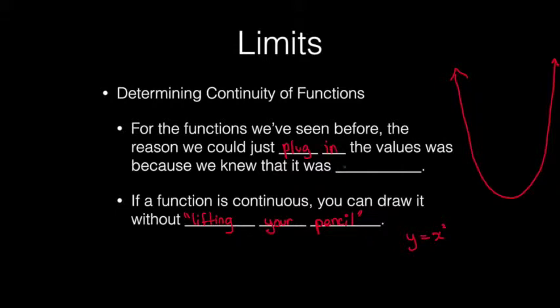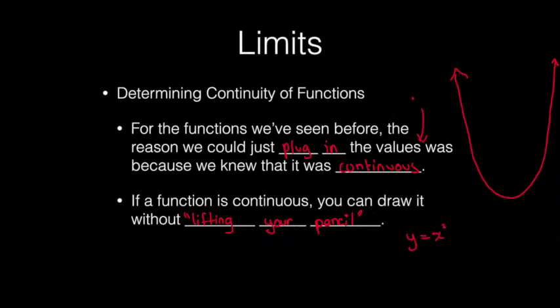Now, for the functions we've seen before, the reason we could just plug in the values was because we knew that it was continuous. So for example, we knew that x squared was continuous everywhere, meaning that there were no places where it had a break or a hole or anything. So therefore, we were just able to plug in the values and evaluate. I should be specific here.